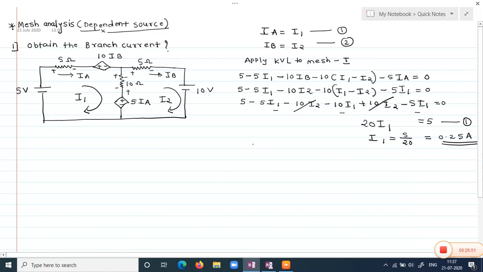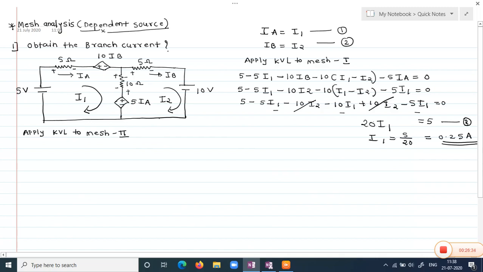Similarly, you have to apply KVL, that is equation number third. We have already assumed equation number 1 and 2 previously, right? So we apply KVL to mesh 2.